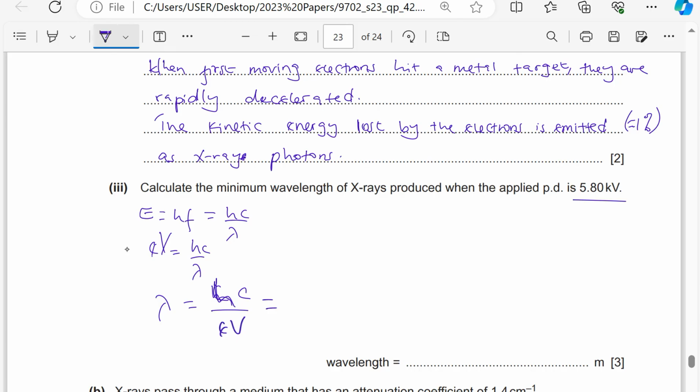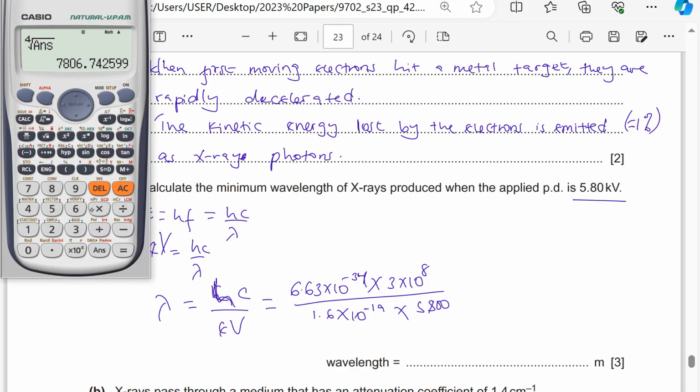So I will just substitute. h is 6.63 times 10 to the power of minus 34, then times 3 times 10 to the power of 8, divided by 1.6 times 10 to the power of minus 19, then times 5.8 kilovolts, that is 5,800.